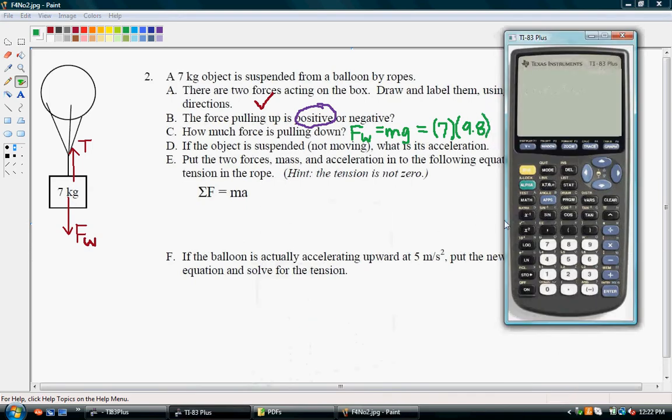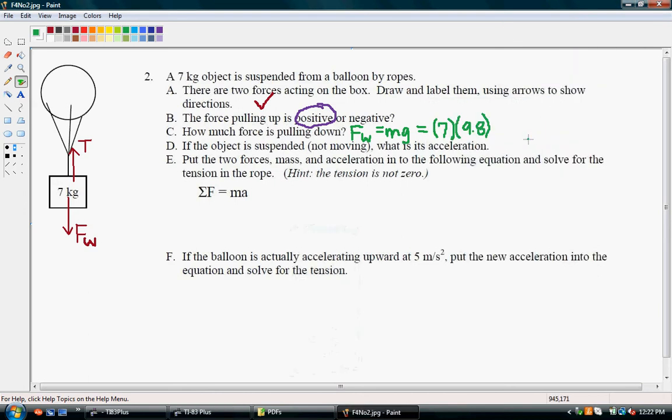So when we plug that into the calculator, we get 7 times 9.8, which is 68.6. So we know that the force of weight for this object is 68.6 newtons downward, because the force of weight always pulls down.